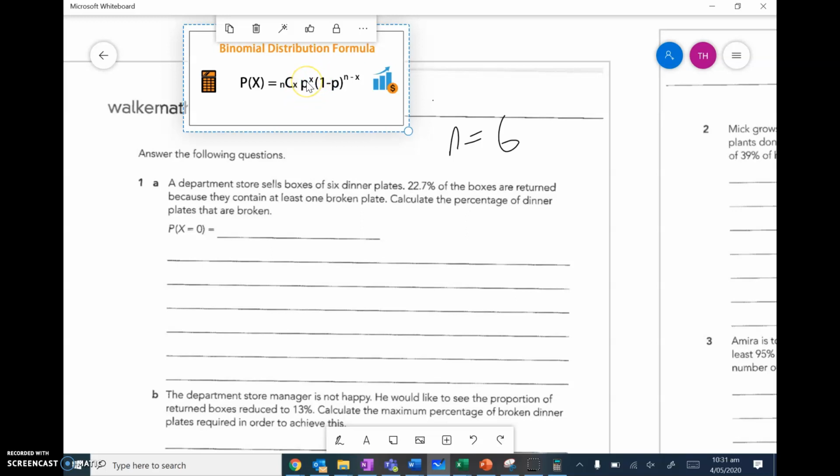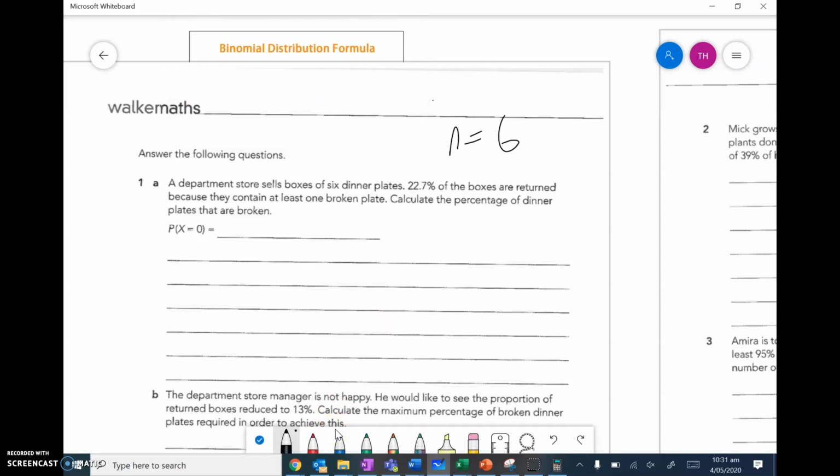So this formula doesn't really matter, except for this part here, 1 minus p to the power n minus x. Now if x is equal to 0, this means n minus 0. So all I'm left with is 1 minus p to the power n, so my formula will just be left as this.